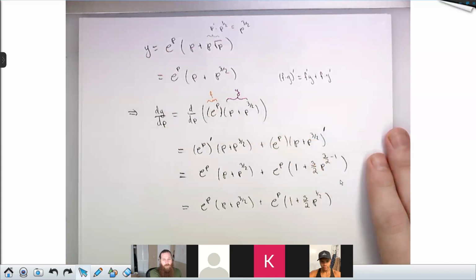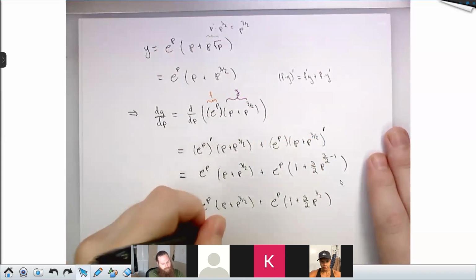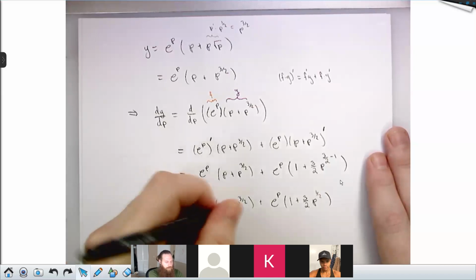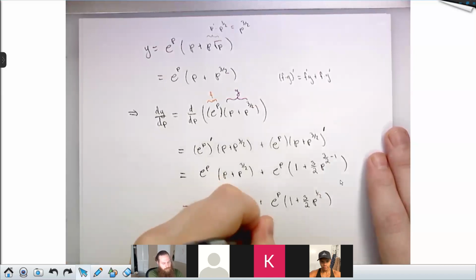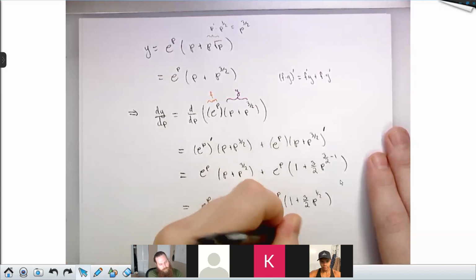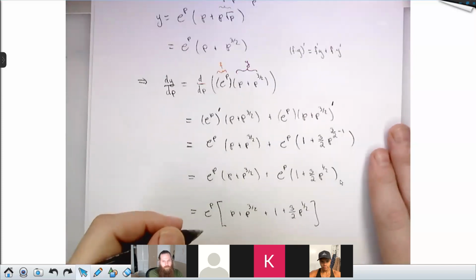And there's really not a whole lot more you can do here that's worth doing. You can factor out an e to the p, and then you'd have p plus p to the 3/2 plus 1 plus 3/2 p to the 1/2. But I don't see a whole lot of value in that.